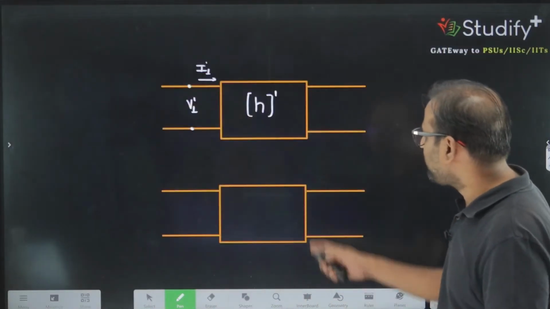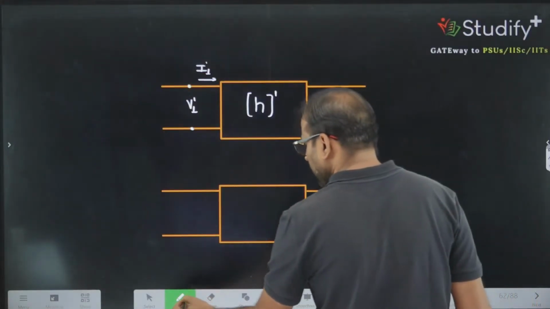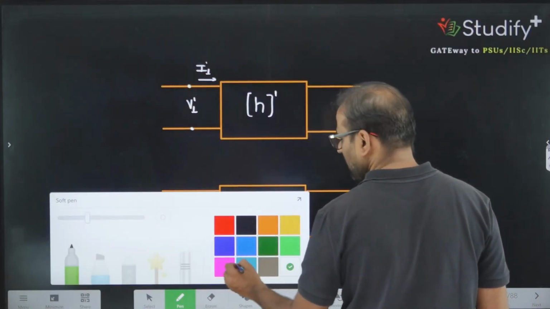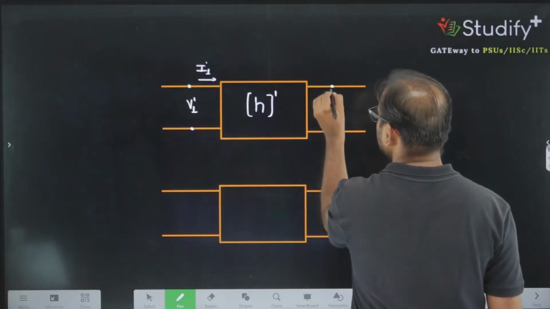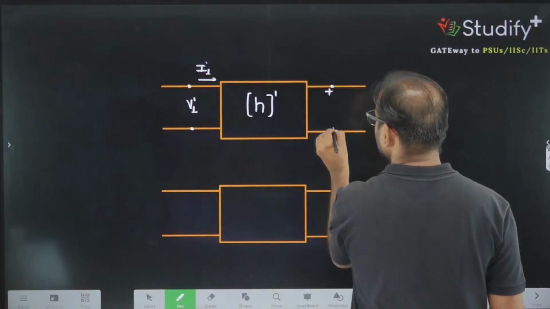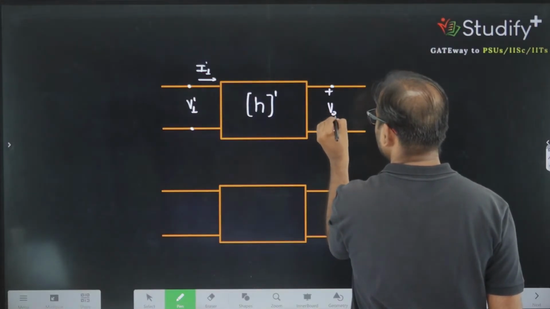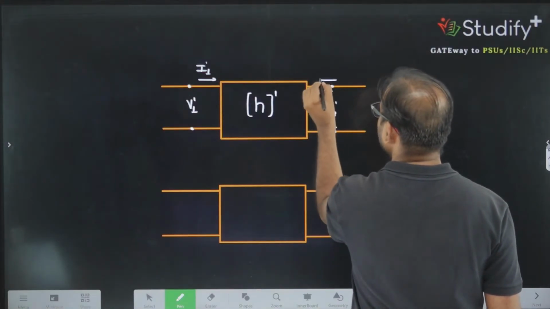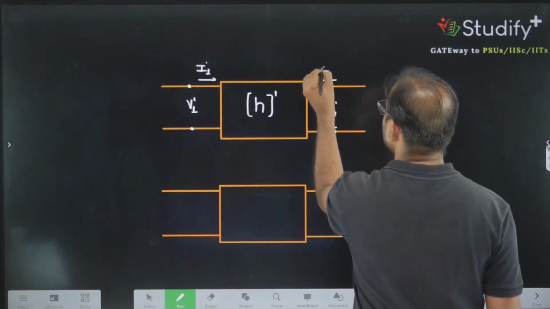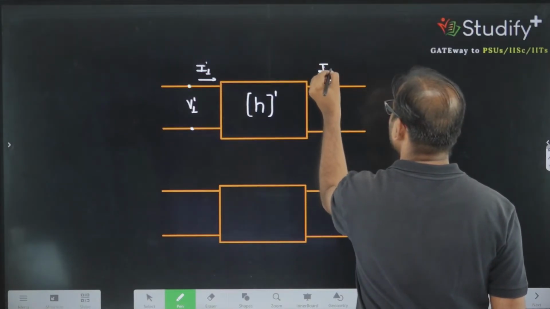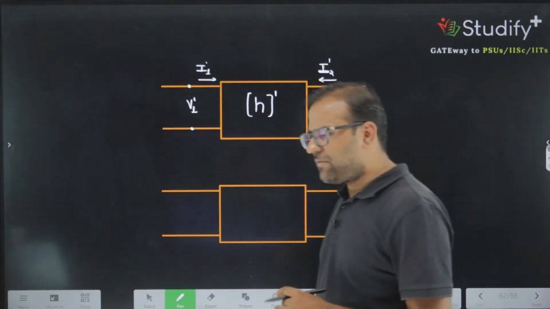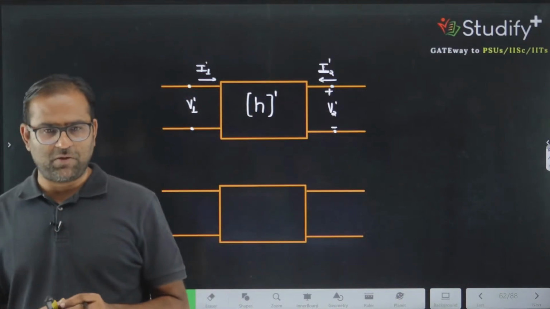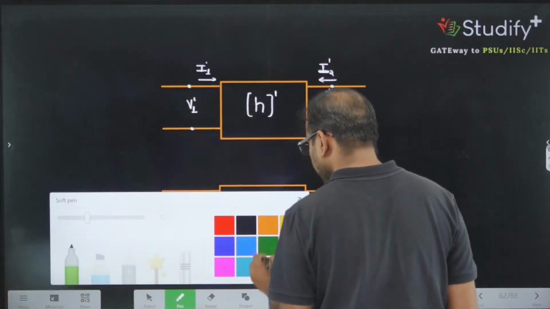We are talking about which part? This part. And here I am writing this part is V2 prime and the current which is going inside the two-port is I2 prime. Correct? This is your first two-port network and we want the additive effect of this two-port network. What is next? Next we are having this.